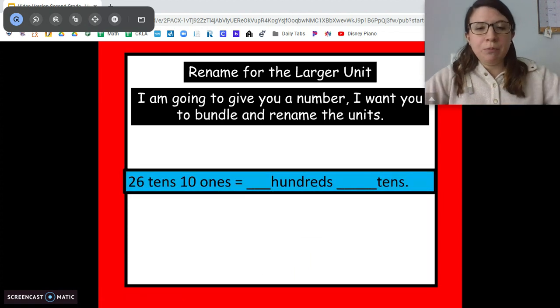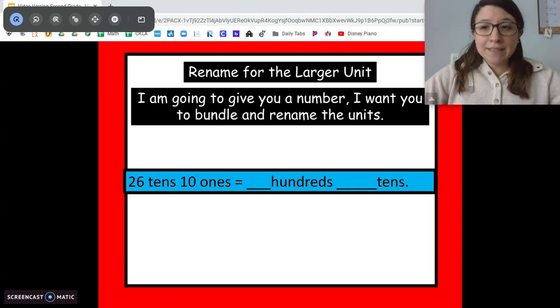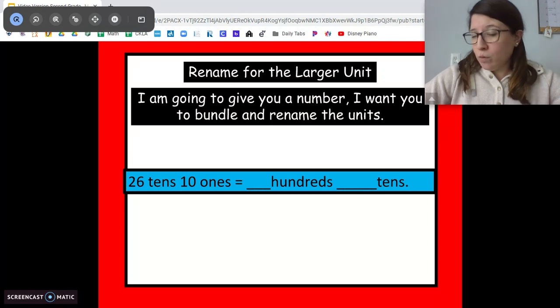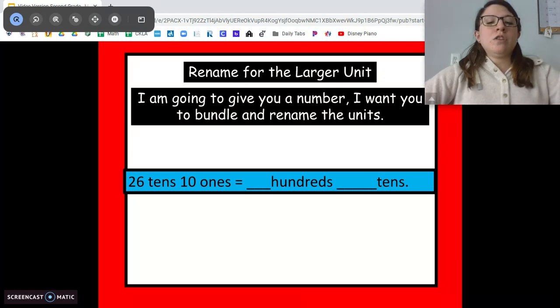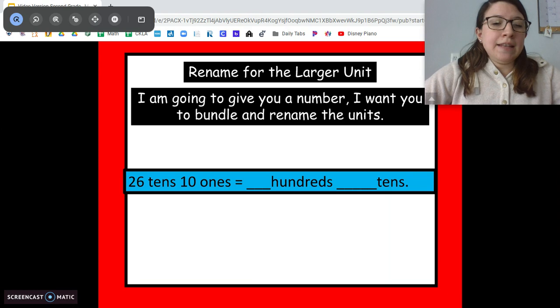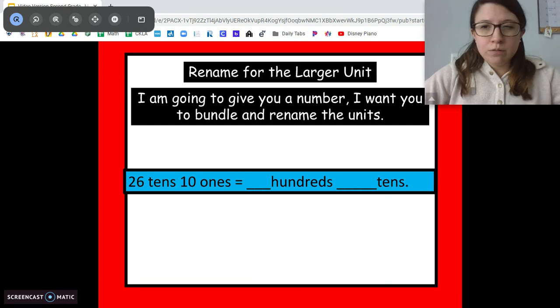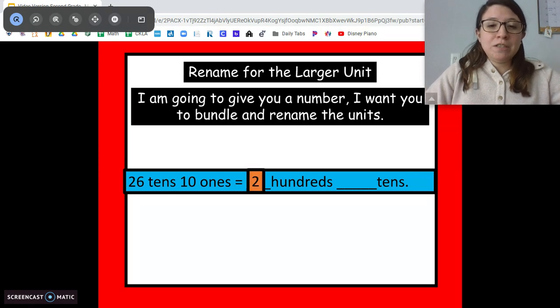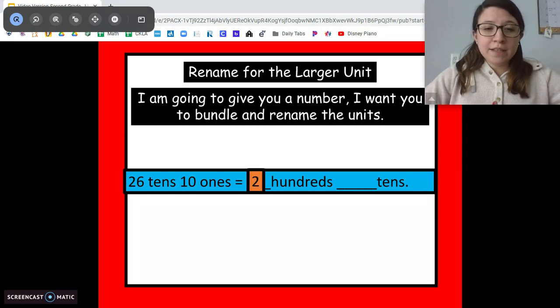All right, let's try this one. We'll do this one together too. So we have 26 tens and then 10 ones. Tricky. So looking at the 26 tens, how many hundreds would be in that number? Very good, that would be 2 hundreds. Now what's left over from the 26? Yes, the 6 tens, good.